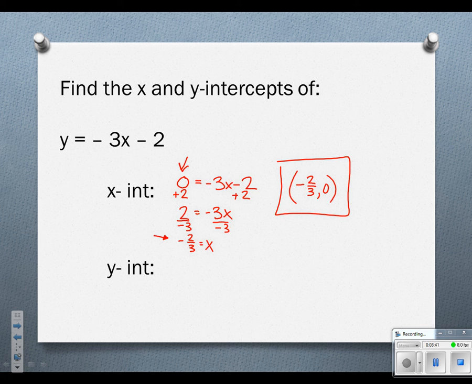Y-intercept, let's do that one. To find the y-intercept, you put 0 in for x. Now, most of you guys probably can see the y-intercept in this particular one already because we're used to graphing slope-intercept form. But by putting 0 in for x, y equals negative 2. Do you guys remember how on y equals mx plus b, b is your intercept, which is what we just found as well.